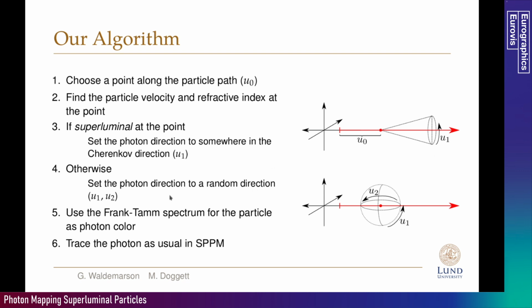Otherwise, we set the photon direction to a uniformly spherical direction instead. And finally, we evaluate the Frank-Tamm equation and use the resulting spectrum as a photon color. And then we simply trace the photon as per usual in SPPM.